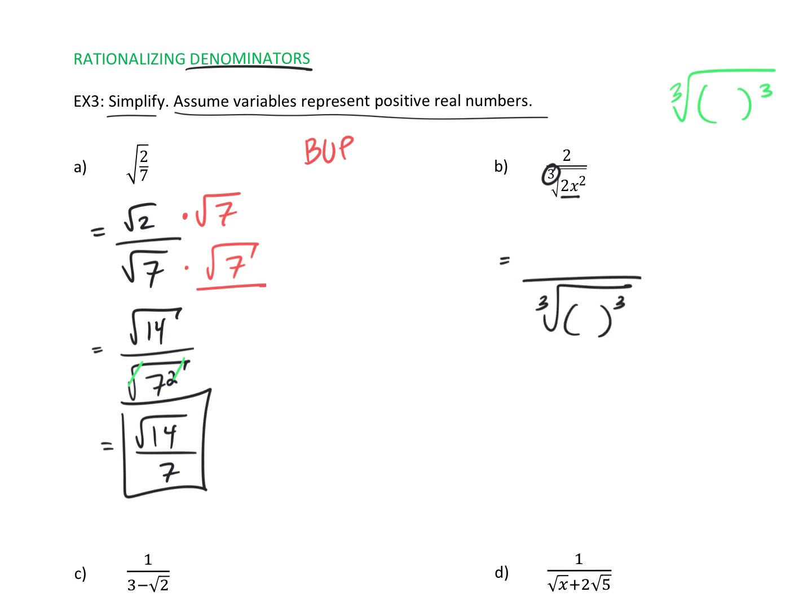So the question is, what do I multiply to the cube root of 2x squared in order to get some base amount cubed? So at the moment, that's 2 to the 1 power. If I multiplied it by 2 squared, that would give me the 2 cubed, right?